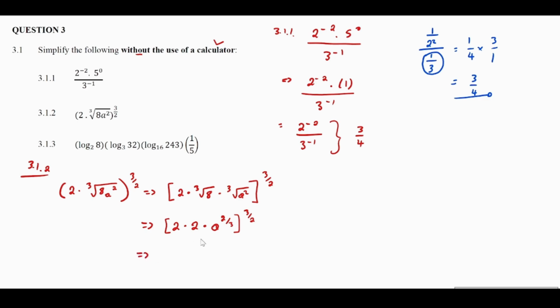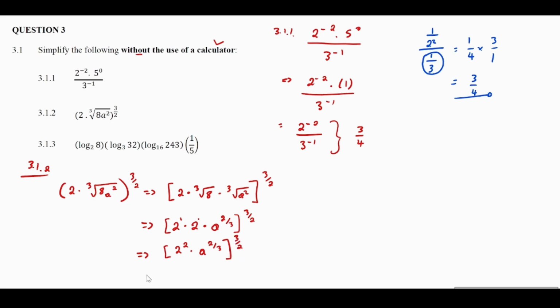But before we do that, let's simplify this one. We know that on 2 we have an exponent of 1 and an exponent of 1. Multiplying powers of the same base, you add the exponents. So this is the same as 2 to the exponent of 2, multiplied by a to the exponent of, no, it's not 3, it's 2 divided by 3. All of this to the exponent of 3 divided by 2.